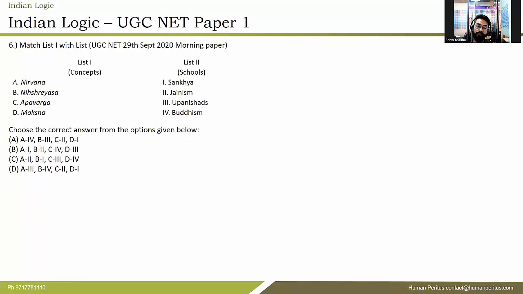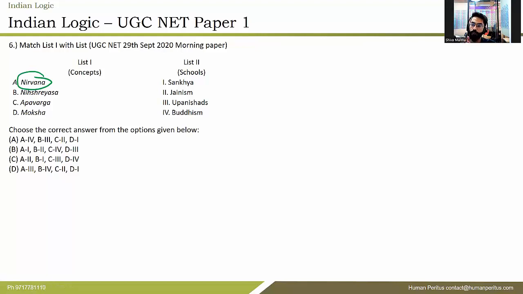The next question is a very interesting question just because it talks about concepts based in different schools in Indian psychological systems. Okay. But they talk about almost the exact same thing. The first term which they have given is nirvana. I guess every person would have heard the term nirvana.